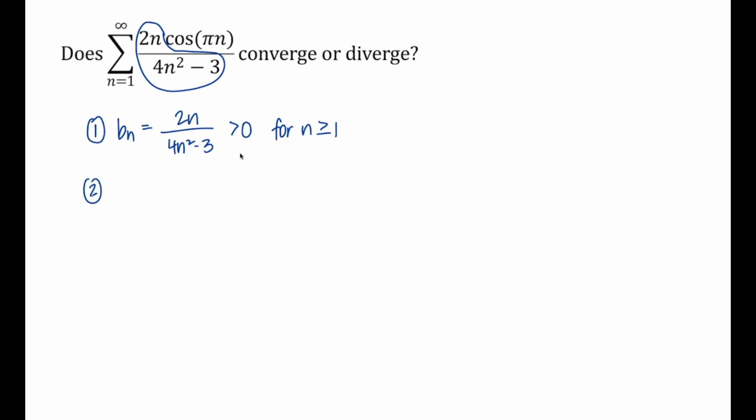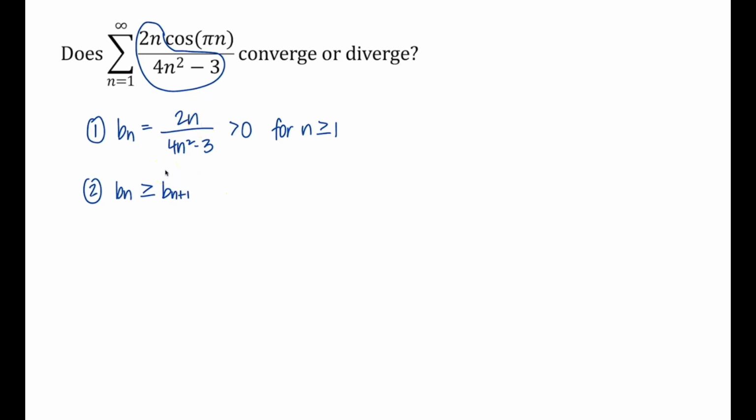The second condition is that b sub n must be greater than or equal to b sub n plus 1, or b sub n is eventually decreasing. Now, unfortunately, on this example, we're not going to be able to do the same type of direct comparison as the last example, and that's because this numerator here is a function of n.